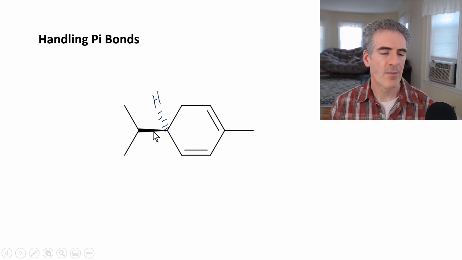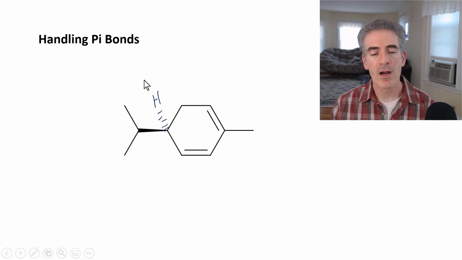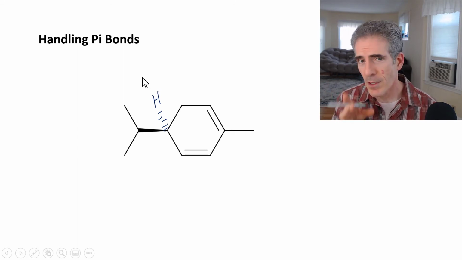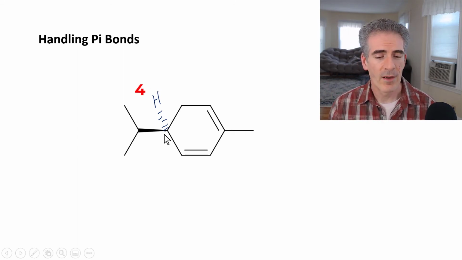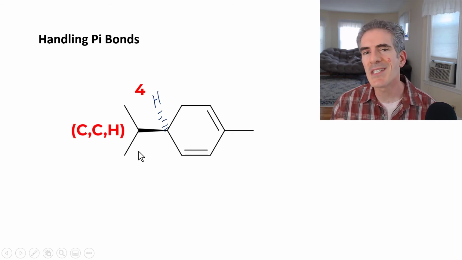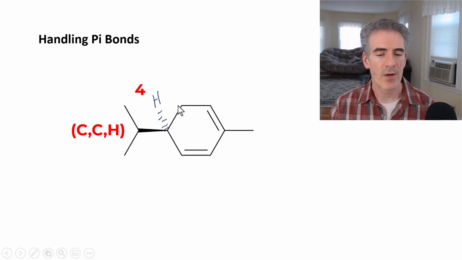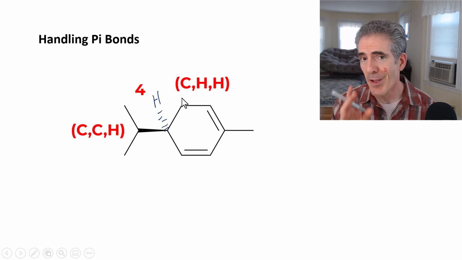Neighbor here, carbon, carbon, carbon, hydrogen. All right, so hydrogen's our lowest. Hydrogen's our number 4. How about the other 3? Well, let's say this carbon's going out to carbon, carbon, and then the hidden hydrogen. So it's a CCH. What about here? This is going to a carbon, hydrogen, and hydrogen, the hidden implied hydrogens.